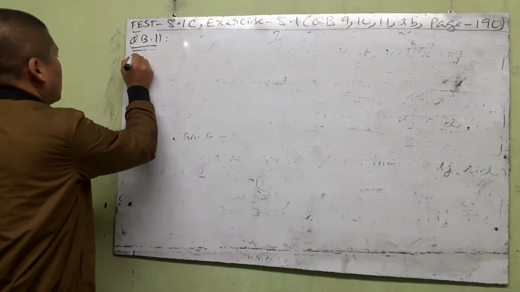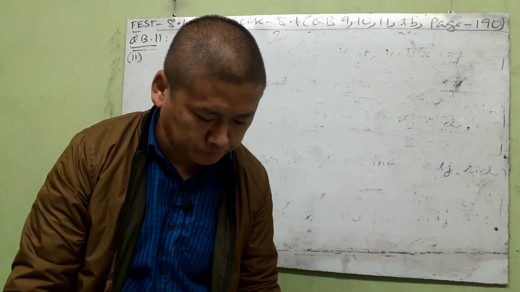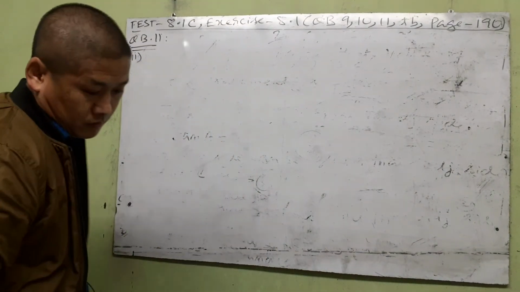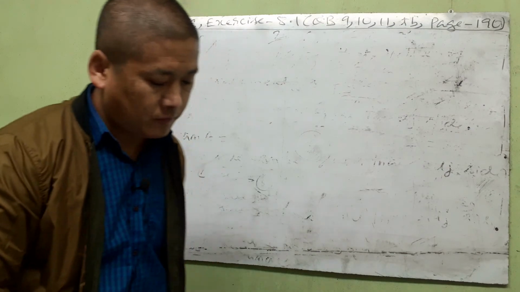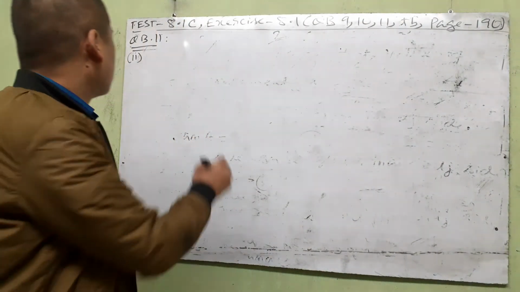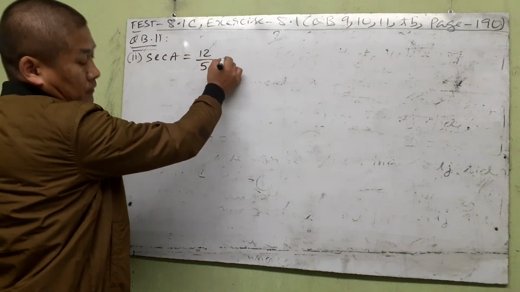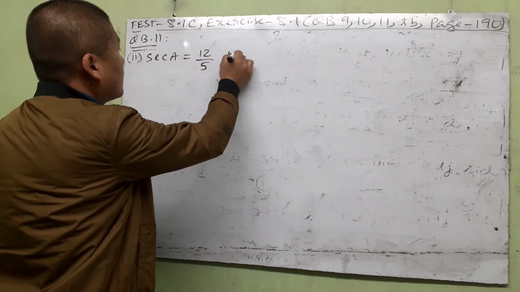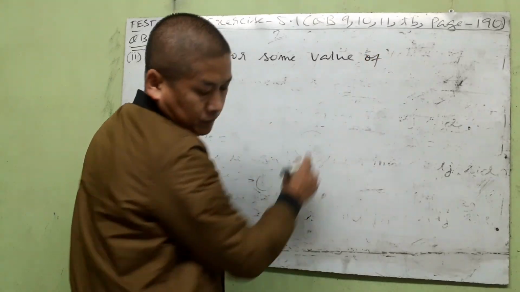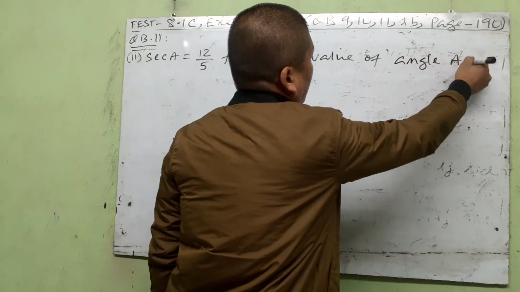Next, subheading 2, let us see. Sec A equal to 12 by 5 for some value of angle A. So the statement is saying sec A equals 12 by 5 for some value of angle A. Is that correct?